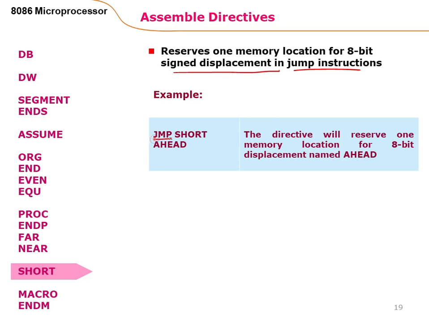The jump moves the instruction pointer short ahead, and the directive will reserve one byte of memory for the 8-bit displacement named AHEAD.